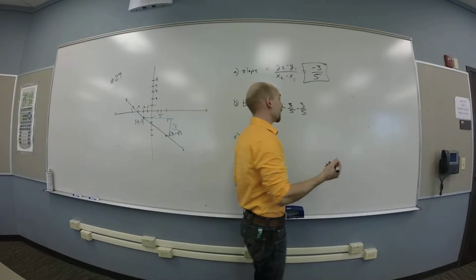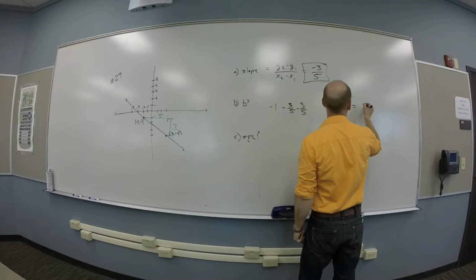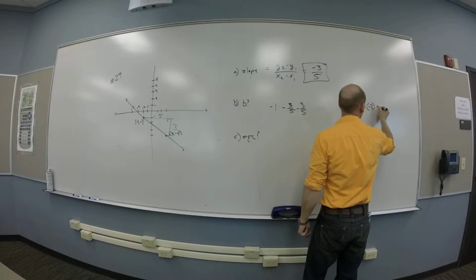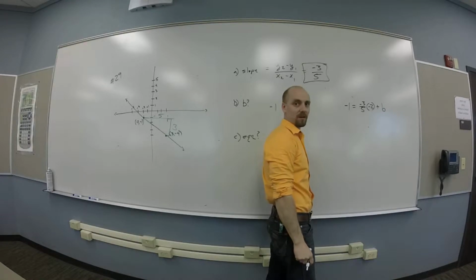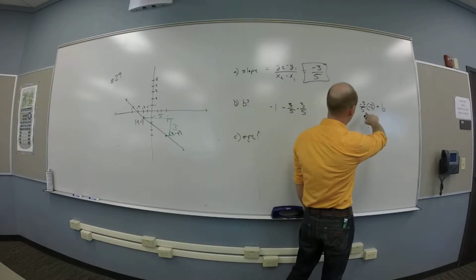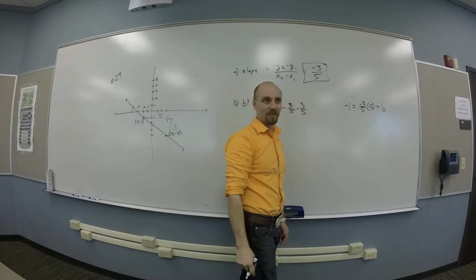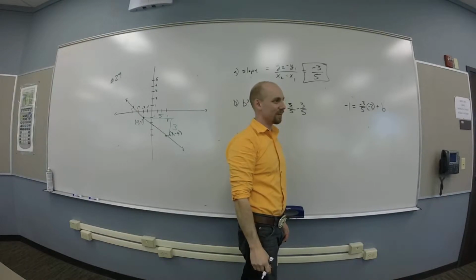If we cram that in, we'd get that output, negative 1, is negative 3/5 times negative 2 plus b. Then you can solve for b, right? Look, you get the same thing. You guys see that? There's nothing different here.